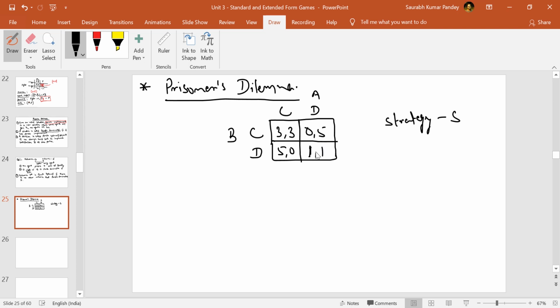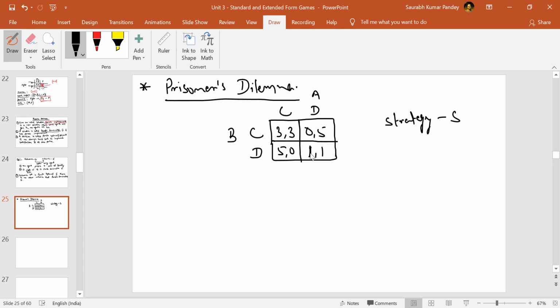If I want to move from 1 comma 1 to 0 comma 5, B is not gaining anything, and A is gaining something but at the same time losing. So this is not a good situation.